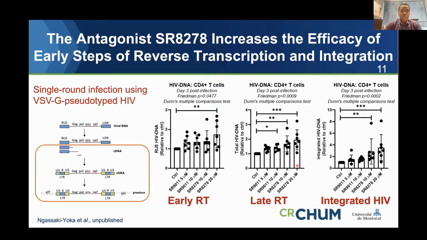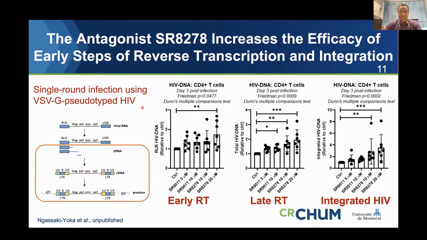So to better localize the step of the HIV replication cycle affected by the REV-ERB agonist and antagonist, we performed a single round infection using a VSVG pseudotyped HIV construct.